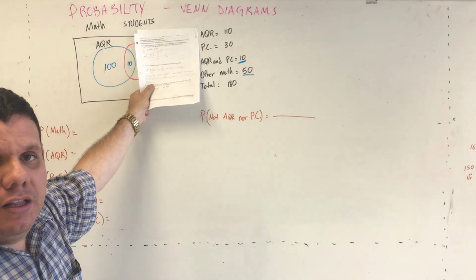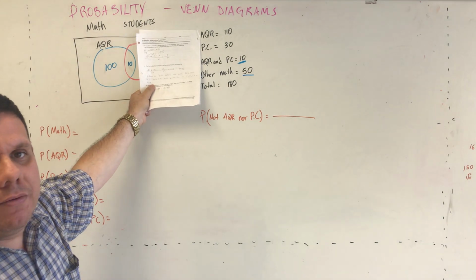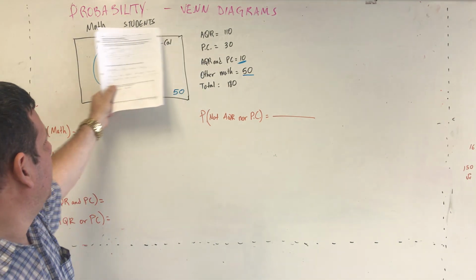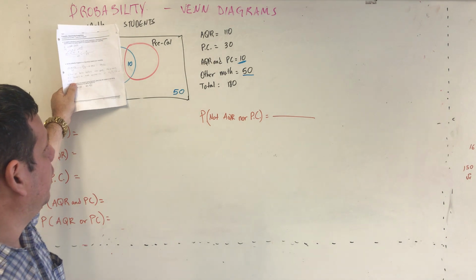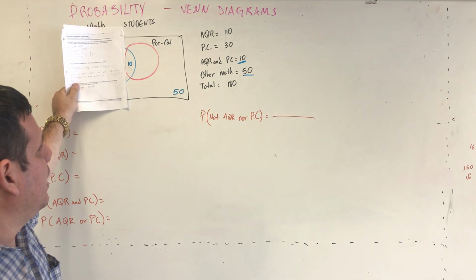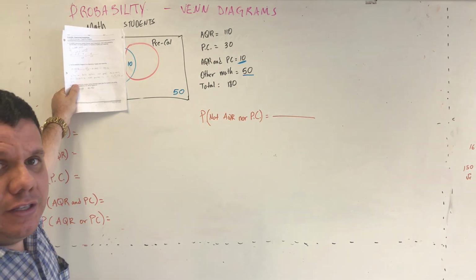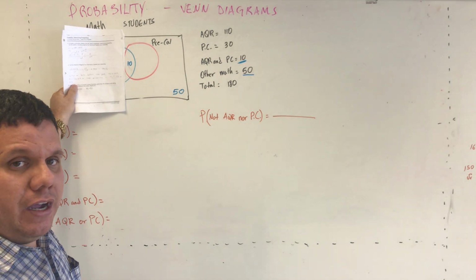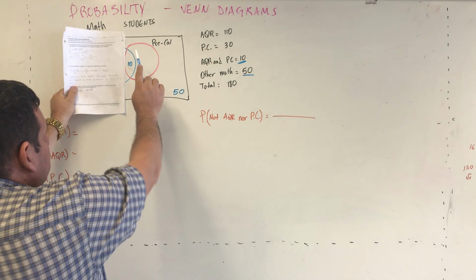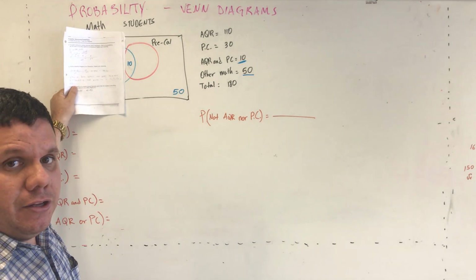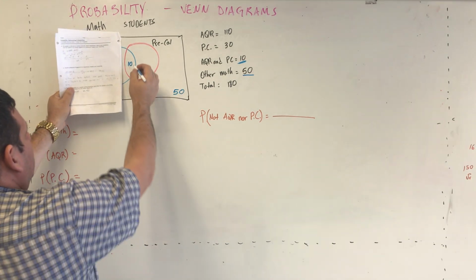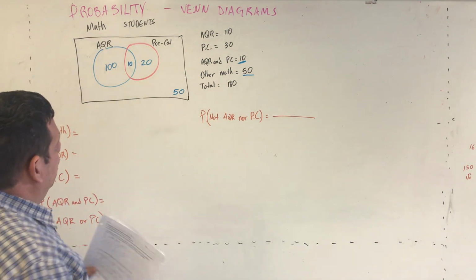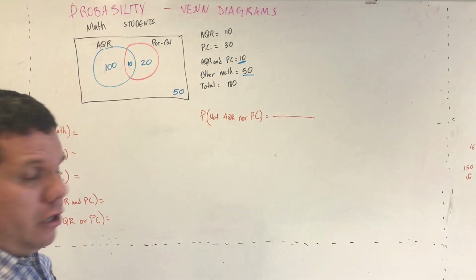And in total, in the blue circle, I have 110. If I cover the blue circle and I have the red circle, I have for pre-calculus 30 students. Okay, so if I have already 10, how many students do I need to put in here? It's 30 minus 10, which is 20. Okay, so I have 20 students. Okay, it seems that it's already done.